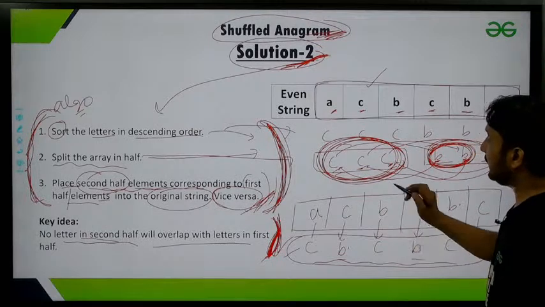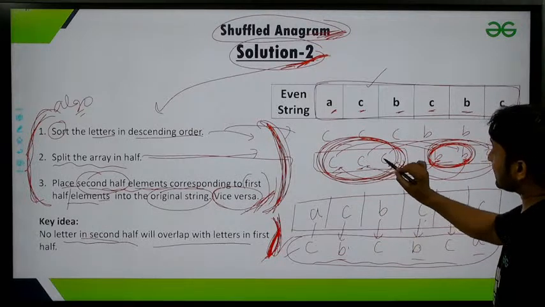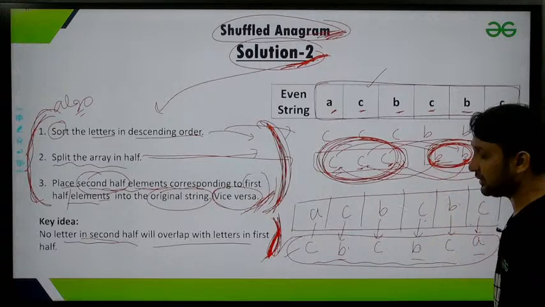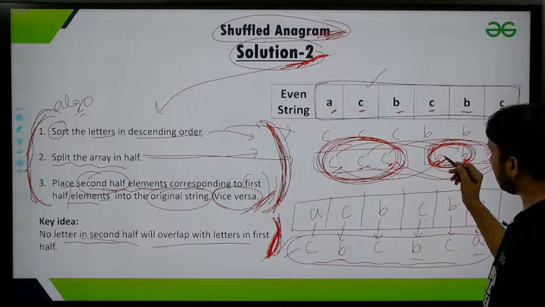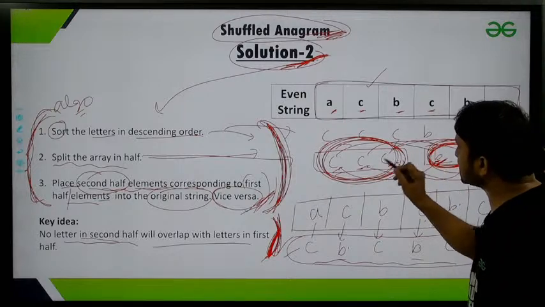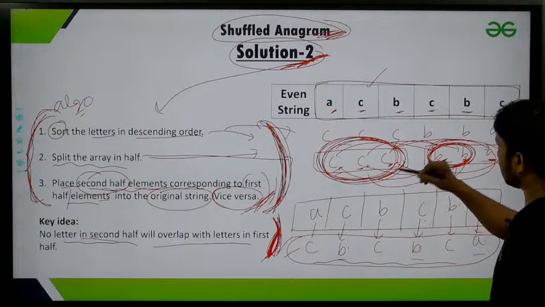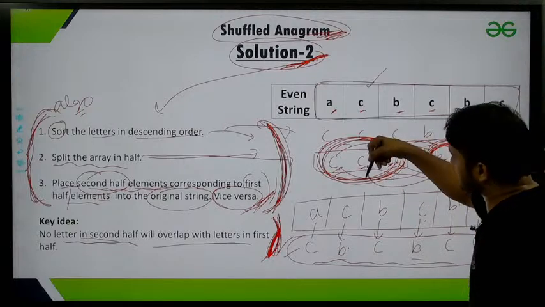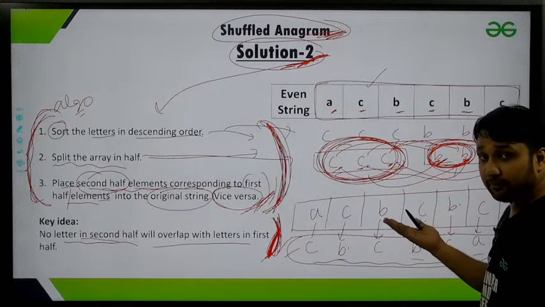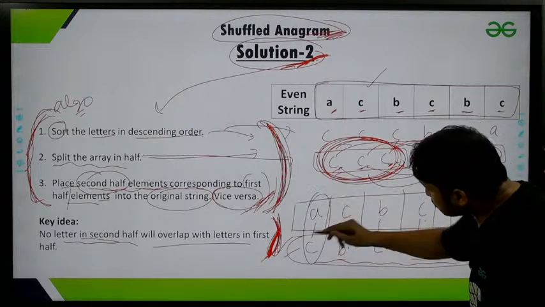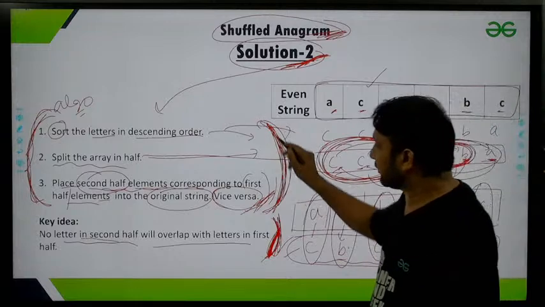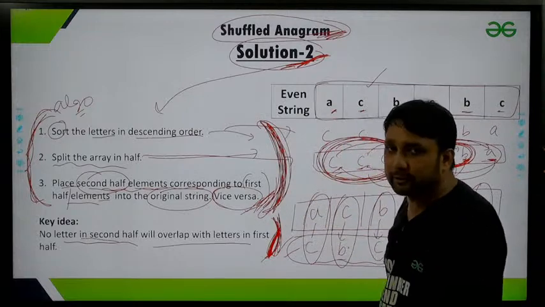Due to that only, we are not replacing any C with any other C, or any B with any other B, because we are replacing them based upon each other. The first is replaced based upon the second, and the second based upon the first. Because there is nothing common between them, these two will not match. So this is the key idea behind the working of this algorithm.